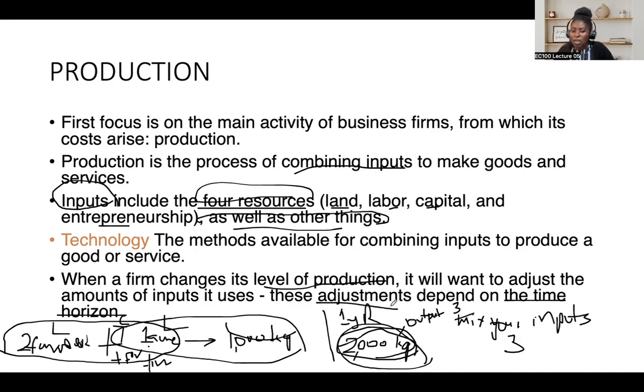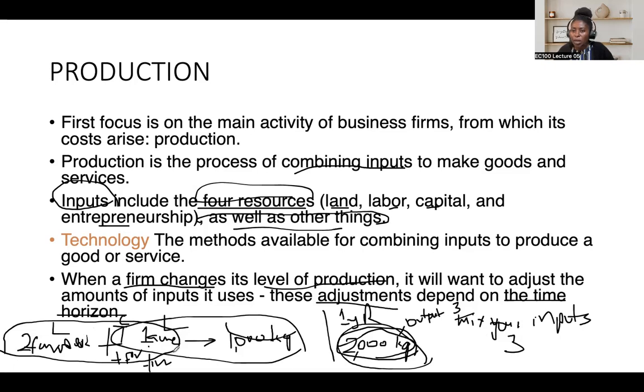But if you want to do it in the next 6 months or the next year, that might be different. So for a firm to change its level of production, for whatever reasons, it will have to adjust the amounts of these inputs by looking at the time horizon.